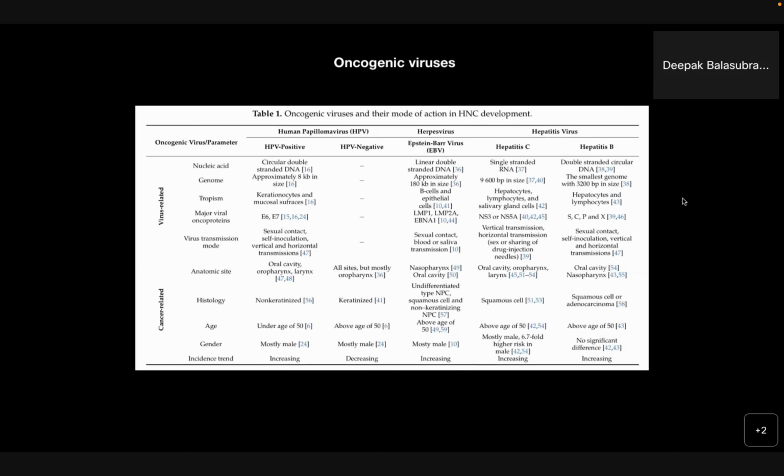Now, the commonest ones that we know are HPV positive and negative, and EBV. But in recent times, hepatitis C and hepatitis B have also been implicated. Hepatitis C and B usually cause squamous cell carcinoma or adenocarcinoma. Hepatitis C especially has a 6.7-fold increase in male patients for squamous cell carcinoma of the oral cavity, oropharynx, and larynx.